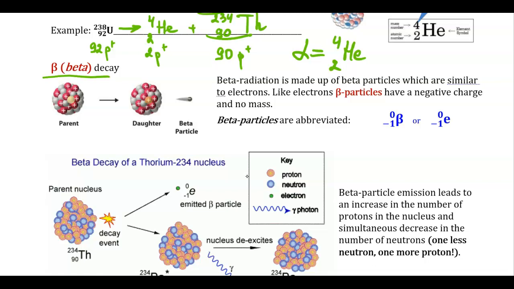So you can use both symbols, beta or this symbol. Both are correct. As this particle has no mass, 0, that means that the mass number will not change.